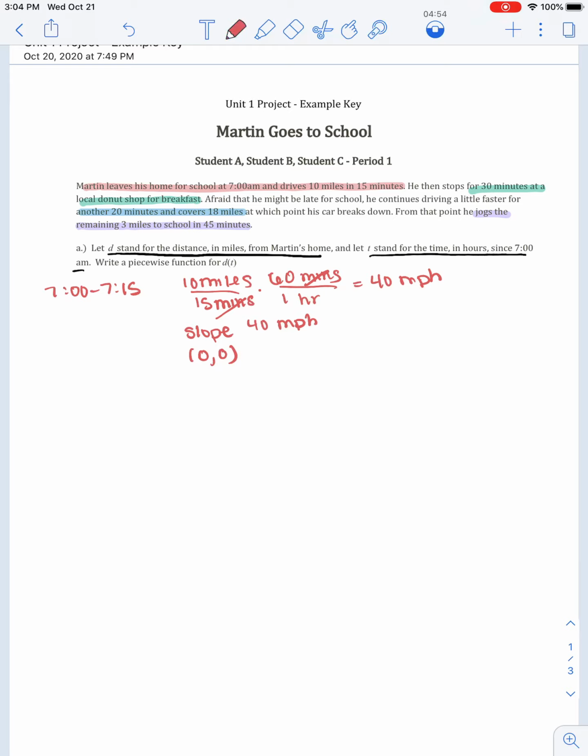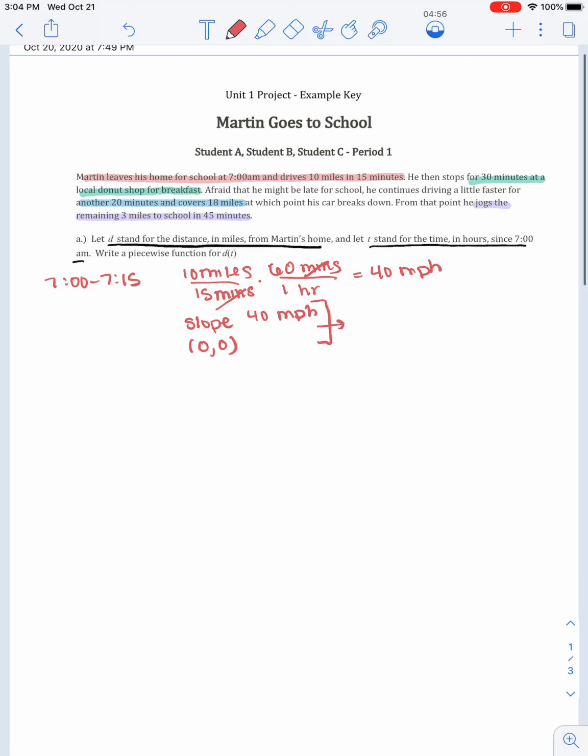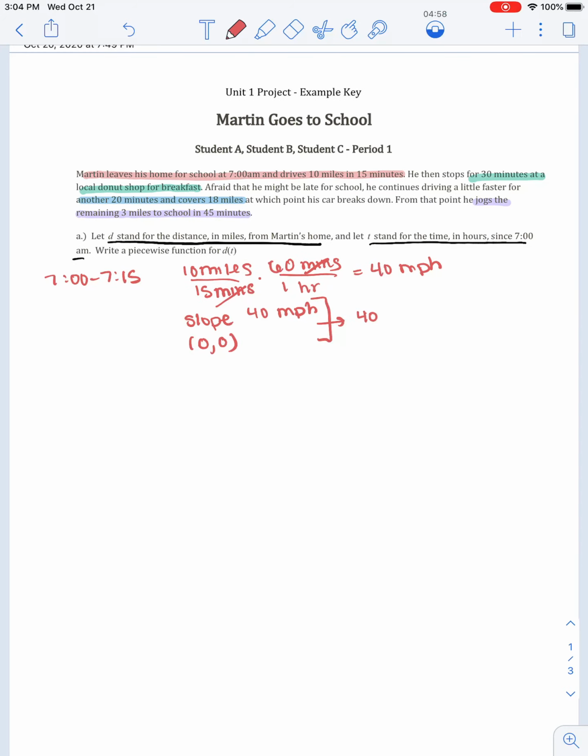So we can go ahead and put this into point-slope form, right? Our 40 miles per hour being our slope, our x minus 0 plus 0, and we see that that just simplifies to 40x. And I'm actually going to change that x to t, right? We have a t value, not an x value. So our first function is 40t.